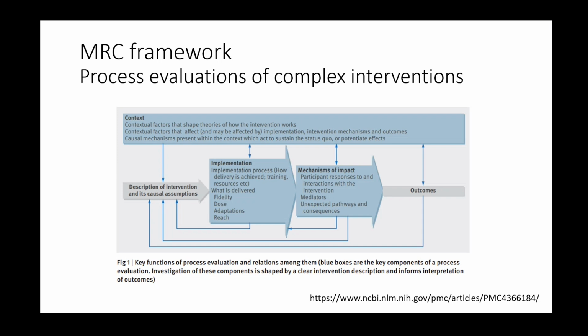That includes fidelity or adherence to the original plan of the intervention, like how well did the intervention adhere to the plan, what the dose of the intervention was in each of the settings or sites, the adaptations of the intervention, and the reach. So how many people actually did the intervention reach? And then unpacking that further on mechanisms of impact. So how did what happened actually achieve your outcomes of interest?